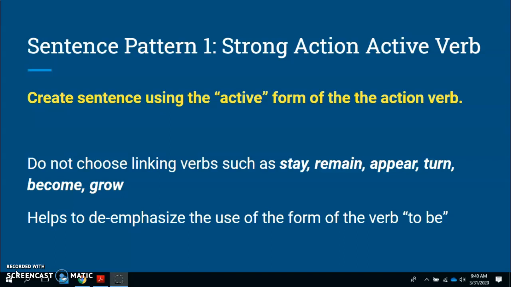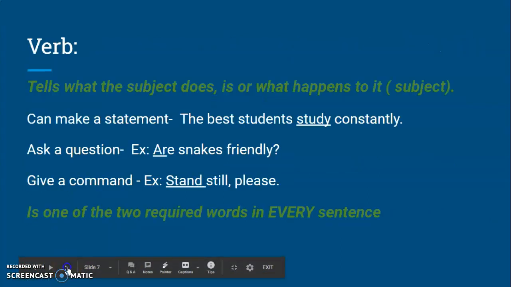So, in order to understand this a little bit more, we're just going to break this apart. The first thing we need to know is what is a verb? So, again, now you're seeing how grammar ties into this. We know a verb tells what the subject does, is, or what happened to the subject.